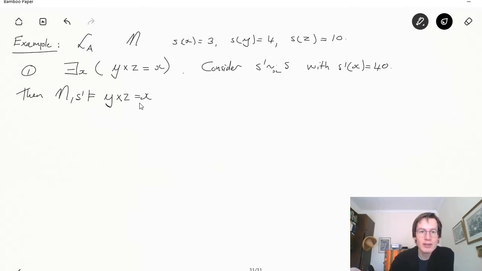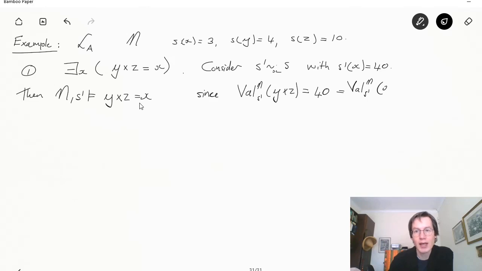The value in N under S prime of y times z is 40, and that is equal to the value in N under S prime of x. So according to my definition, relative to assignment S in the structure N, this formula is satisfied.